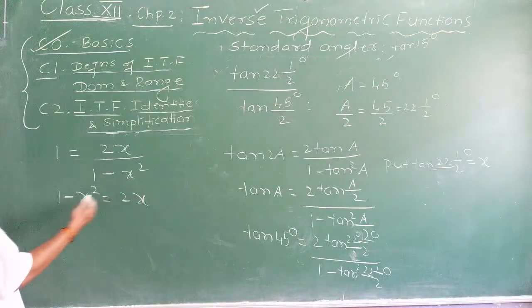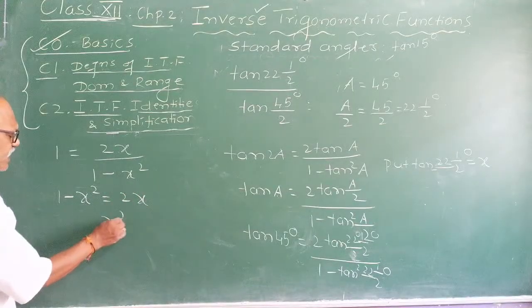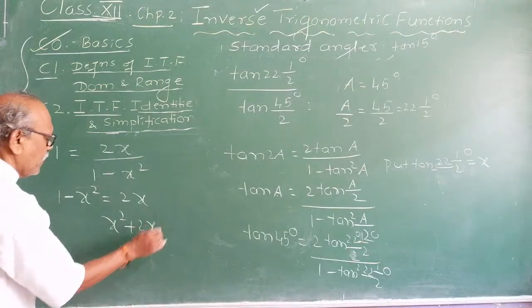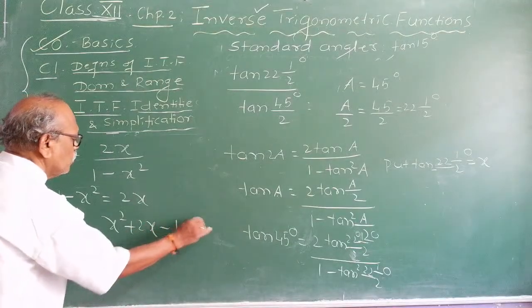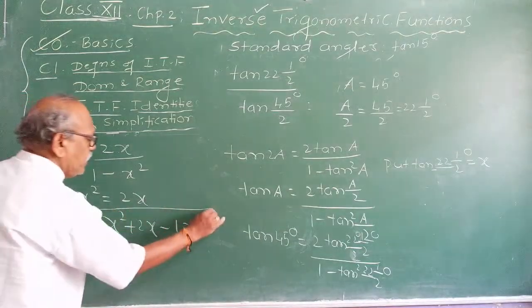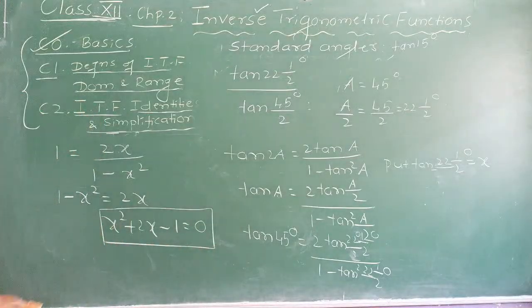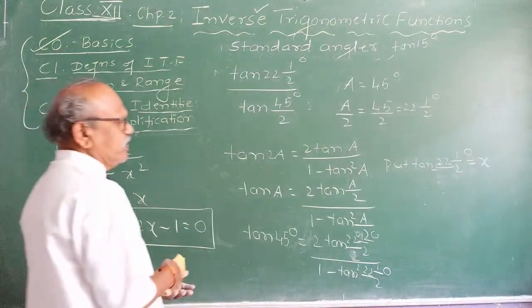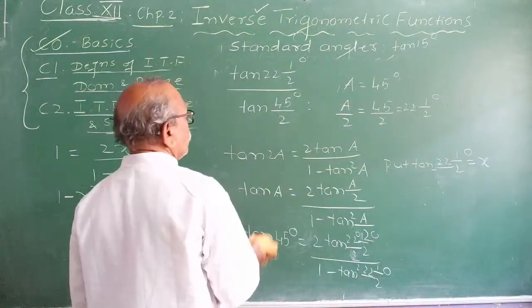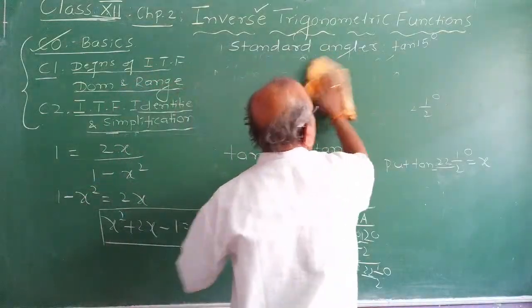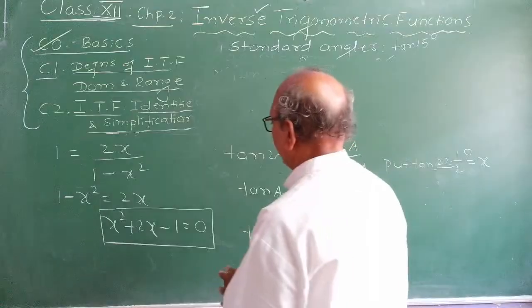Write it as a quadratic equation by taking everything to the right. You will get x square plus 2x minus 1 is equal to 0. Can you get any factors of it? You cannot get any factors of it. Therefore, you have to use Sridhara's formula, the quadratic formula.